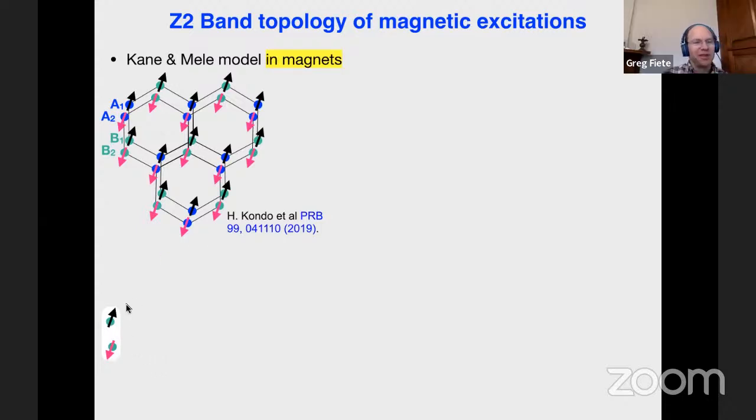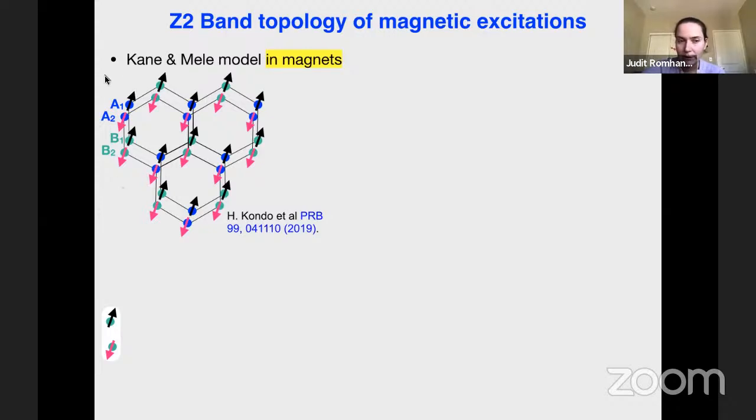Yes, please. Are these layers in the model kind of on top of one another, so there's not a distance between them? Because otherwise it seems like you would need a transformation to move from the top layer to the bottom layer under time reversal. Right, exactly. It's kind of like a bilayer material, for example.